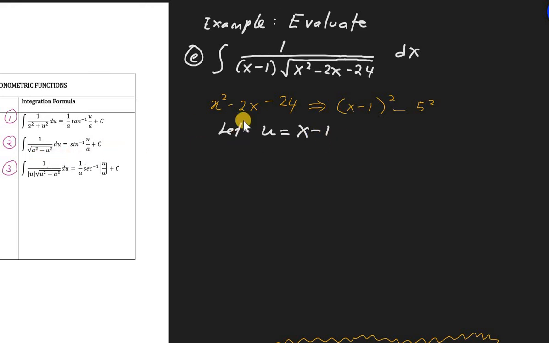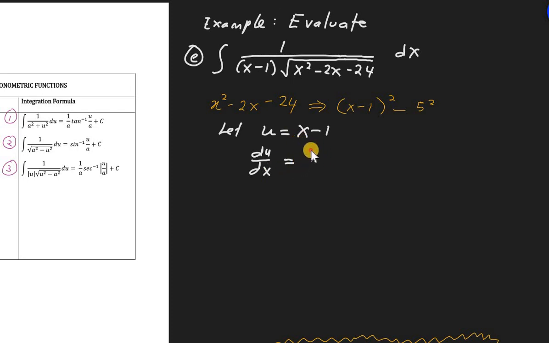So this is u square. The u is this, so that as we replace it, we will get something of the form u square minus a constant square, right? So let me replace everything in terms of x.